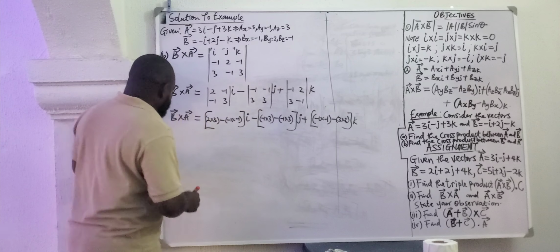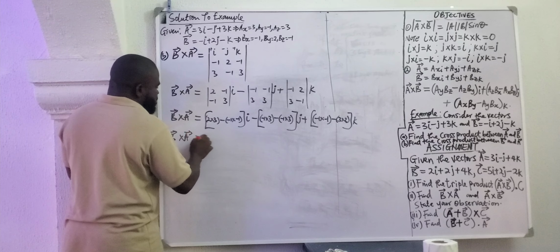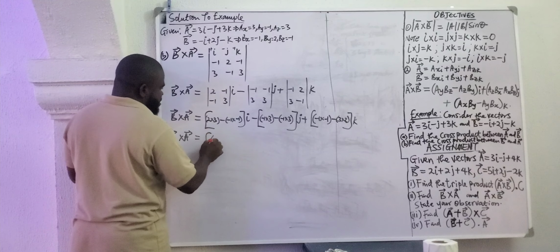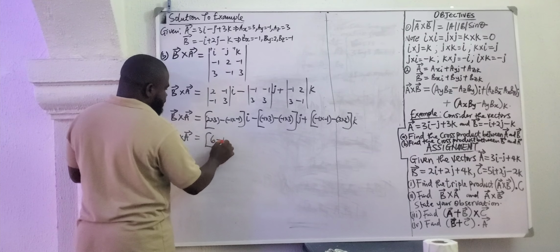K. So that will give us that B cross A is equal to 2 times 3 is 6, minus 1 times minus 1 is 1.